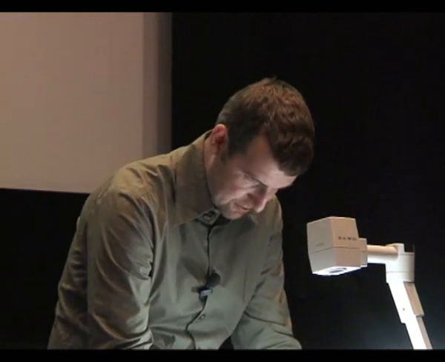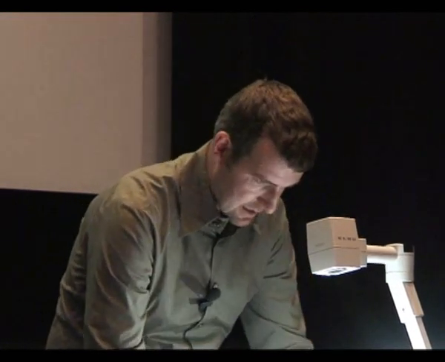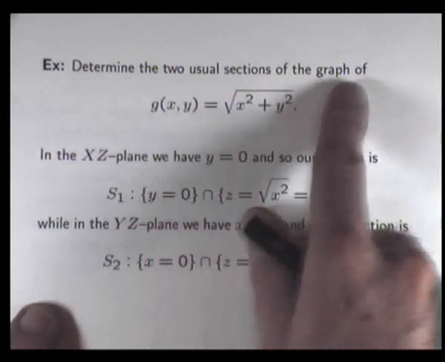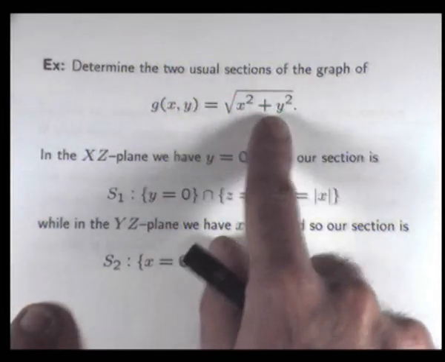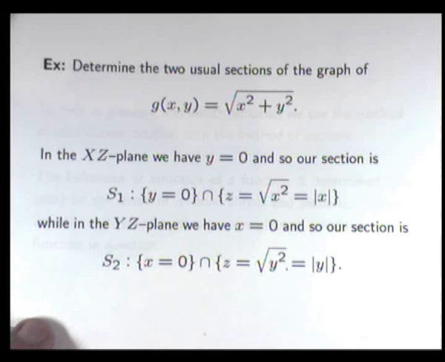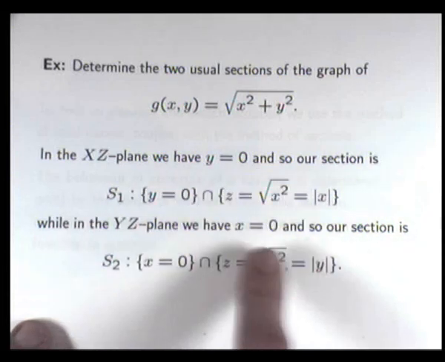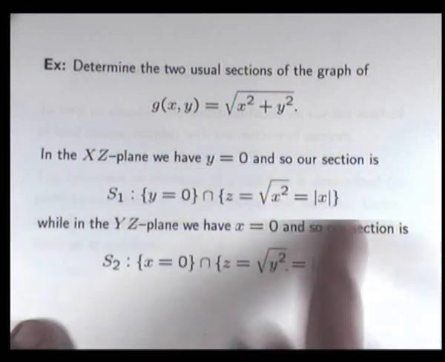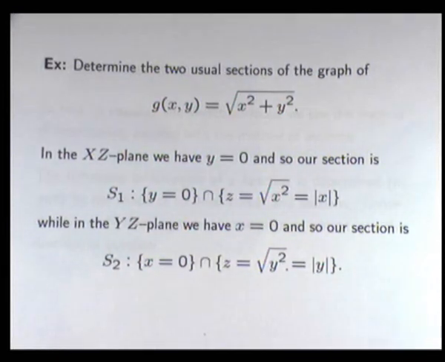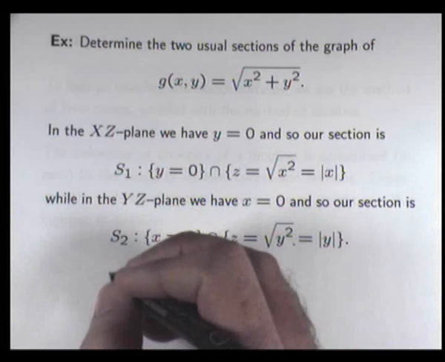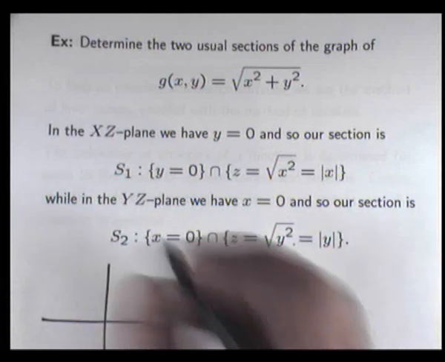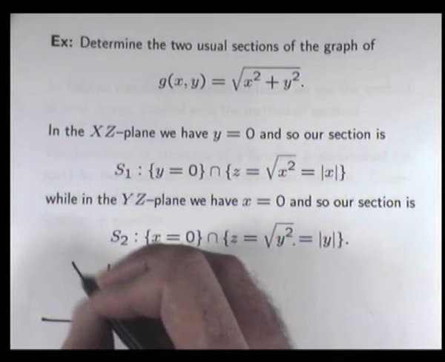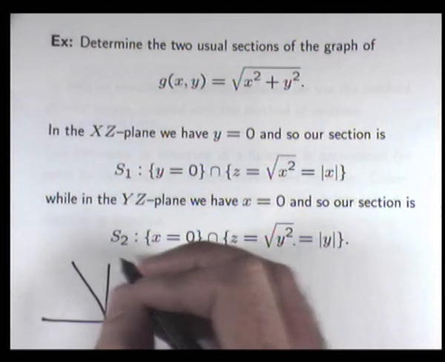All right, another example. Determine the two usual sections of the graph of this function here, g. Again, setting y equals 0 and x equals 0, we can come up with these curves, S1 and S2. And in a similar way, we get these type of lines here.